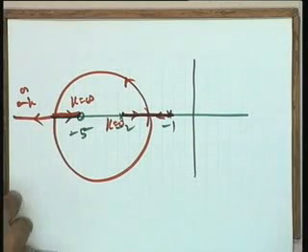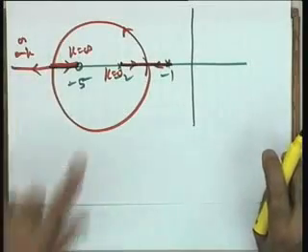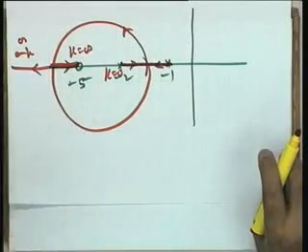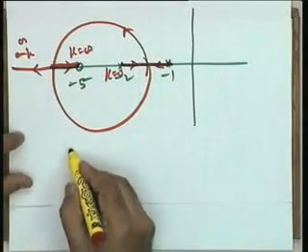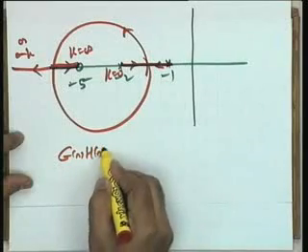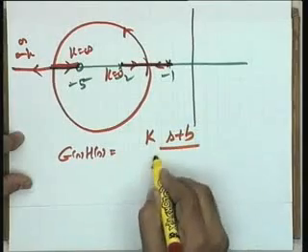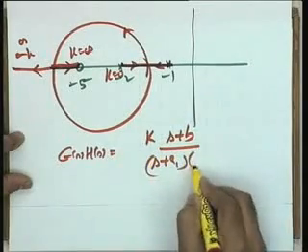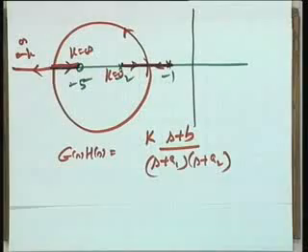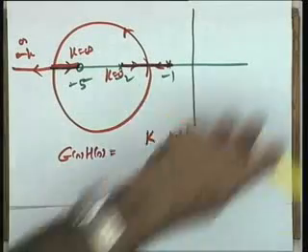Now there was a question as to what the center and radius of the circle are in this particular root locus plot. I leave this as an exercise for you. If G(s)H(s) equals k(s+B) over (s+A1)(s+A2), it is a simple exercise.